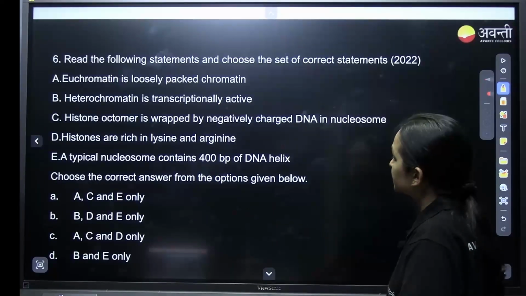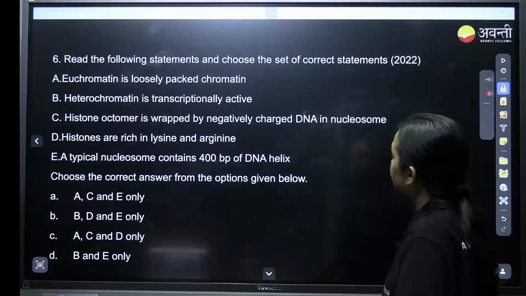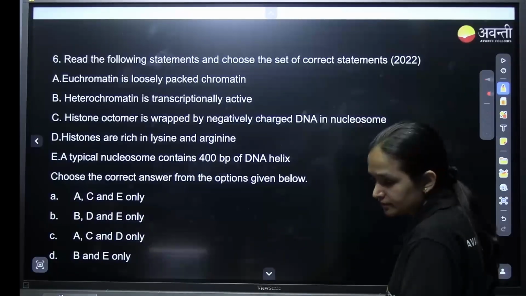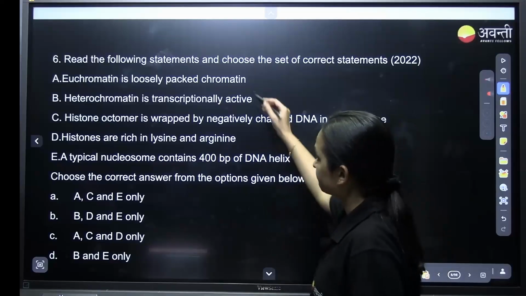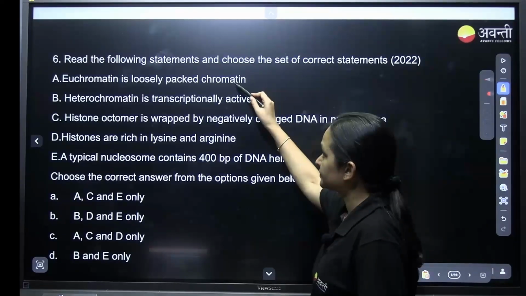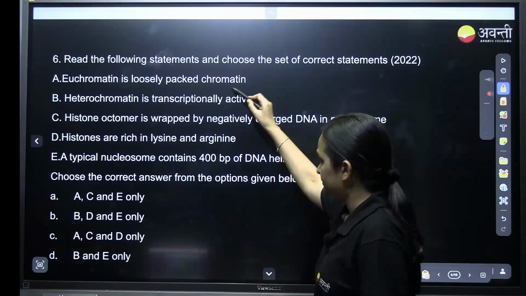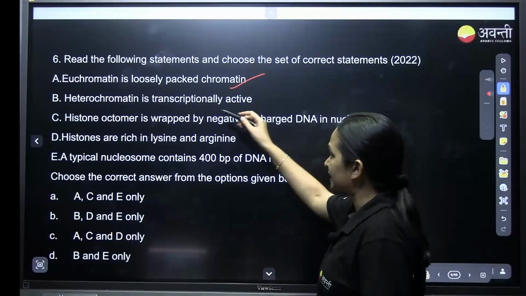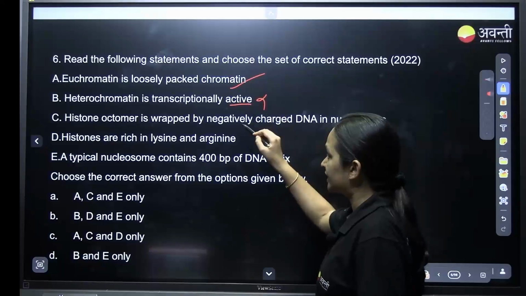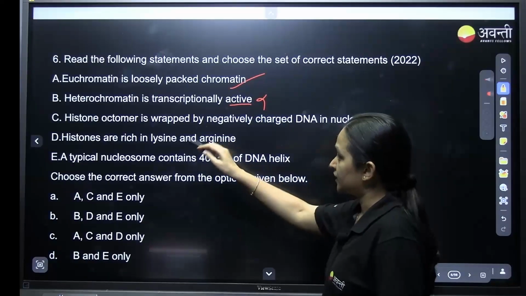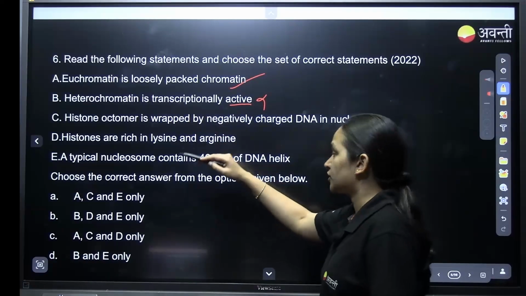Read the following statements and choose the set of correct statements. Euchromatin is loosely packed. Is it correct? Yes. Heterochromatin is transcriptionally active. No, it is inactive. And euchromatin is transcriptionally active.